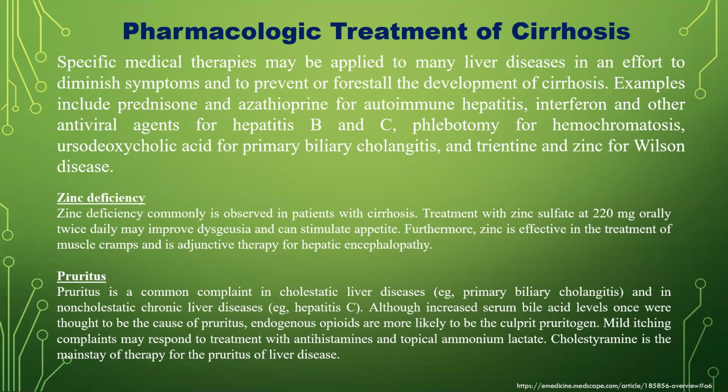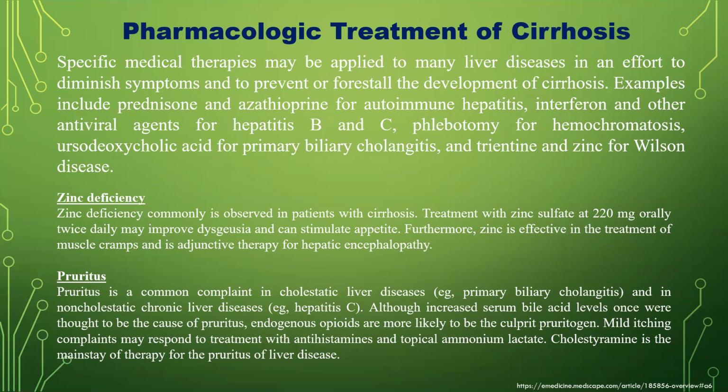Pruritus is the most common complaint in cholestatic liver disease and also occurs in non-cholestatic chronic liver disease. Increased serum bile acid levels were thought to be a cause of pruritus, but endogenous opioids are most likely to be the culprit pruritogen.